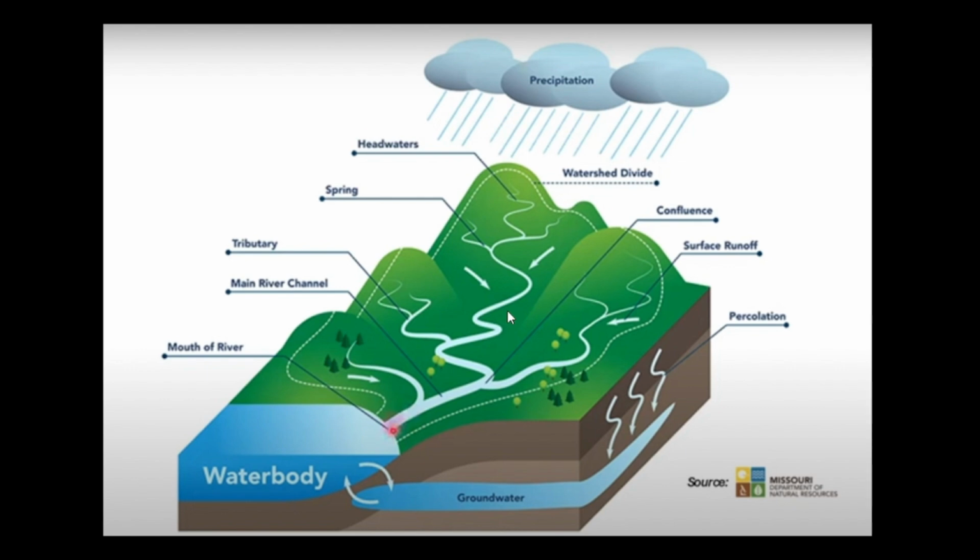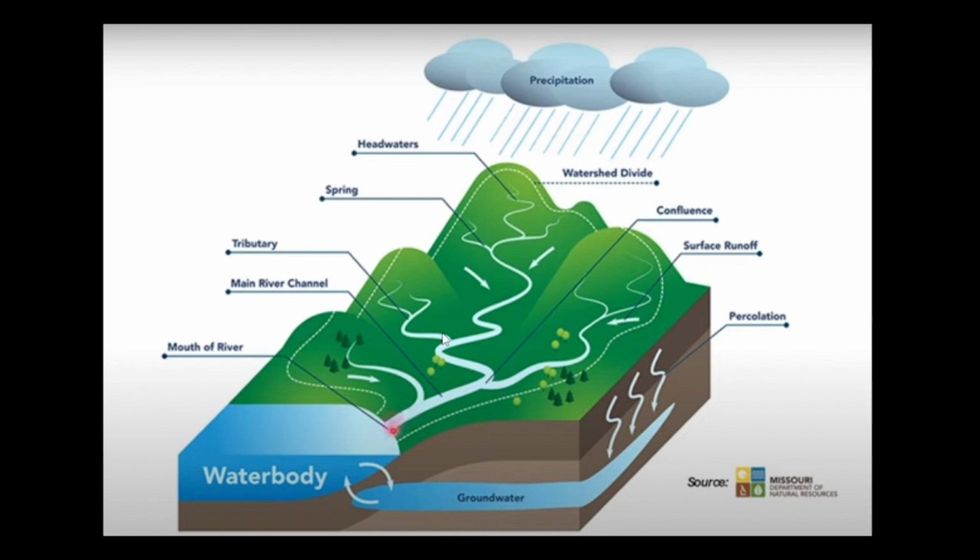And this specific location or point can be a water body. Here it can be a lake, river, or wetland. So all streams flow toward this water body. And the idea of delineation is based on this model.